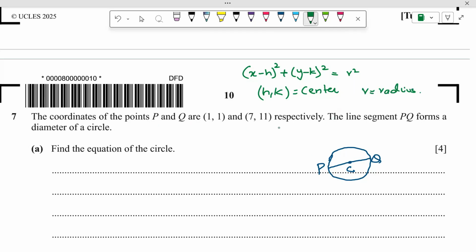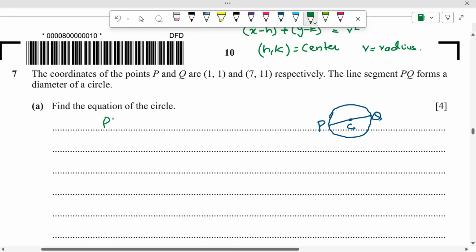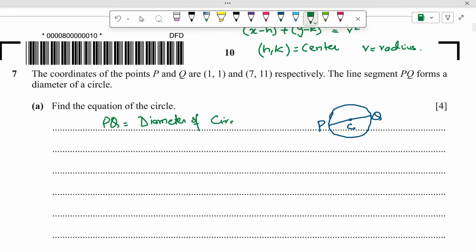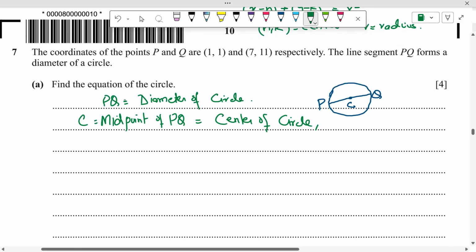Okay, PQ is the diameter of the circle. So C, the midpoint of PQ, is the center of the circle. So we can find the center by using the given information of PQ.